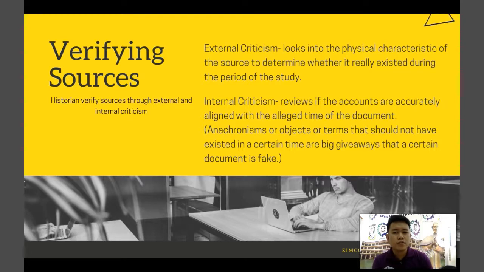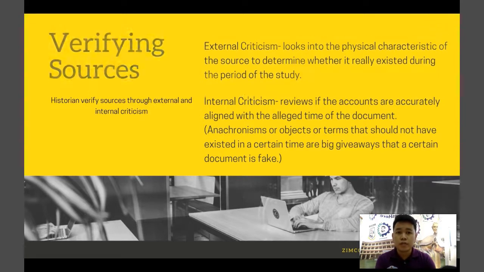And historians would right away say that, okay, these clues and these hints are gateways for us to say that this document or this account is fake. It is not worthy of historical consideration.